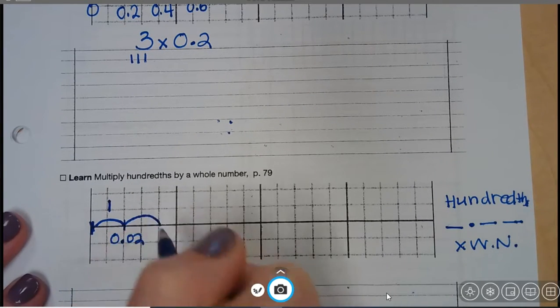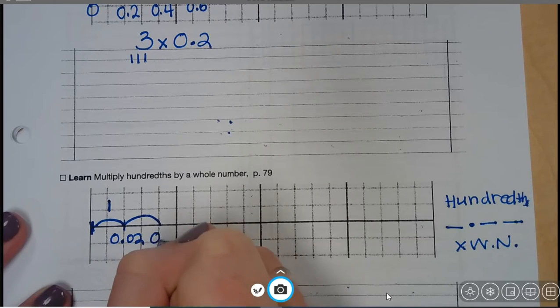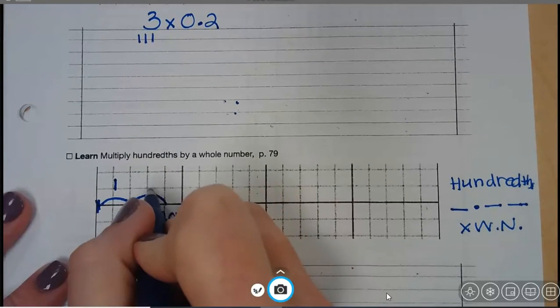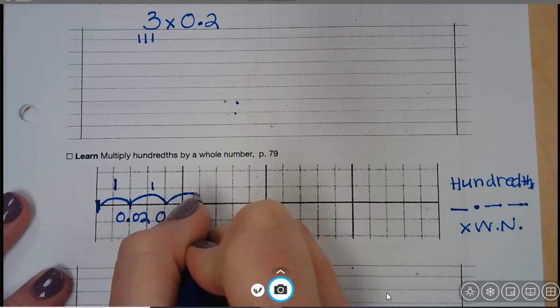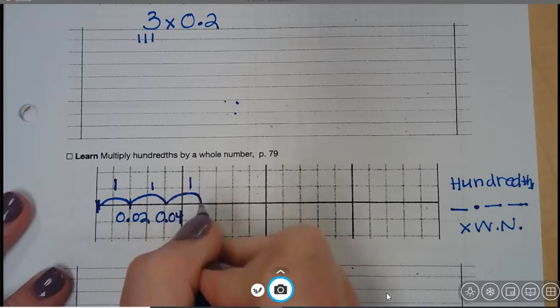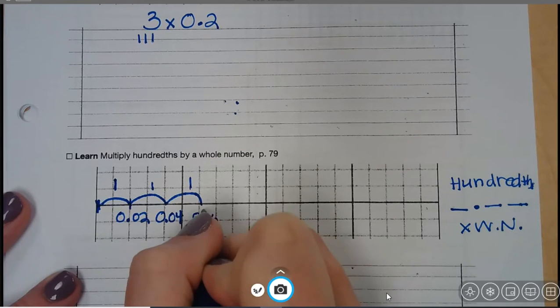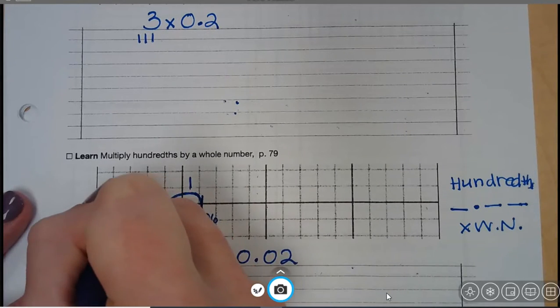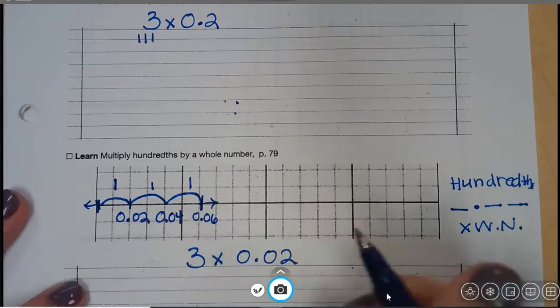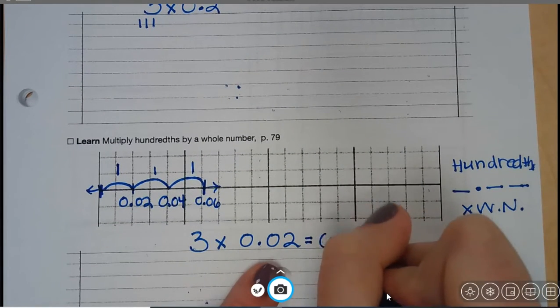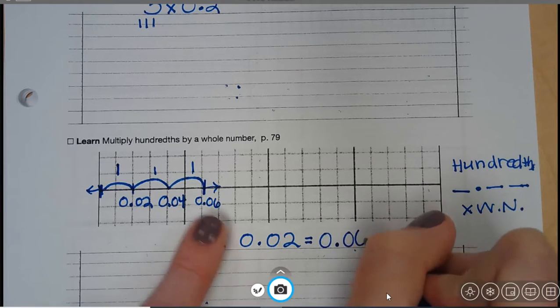My next jump wouldn't be to tenths now. It would be 2 hundredths plus 2 hundredths is now 4 hundredths. That's 1 jump. And then my next jump is still 2 hundredths. So 4 hundredths plus 2 hundredths is 6 hundredths. So what you should see is that 3 times 2 hundredths is 6 hundredths.